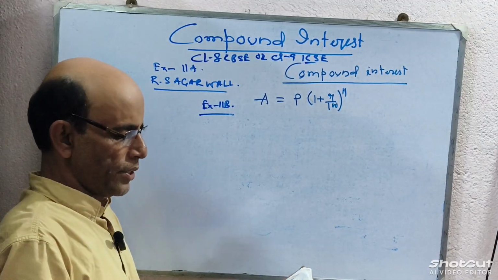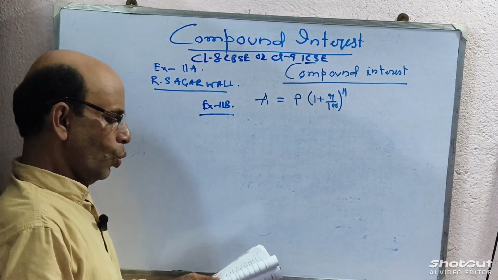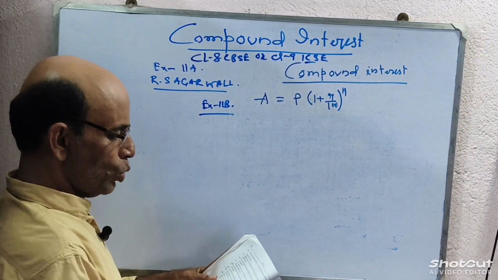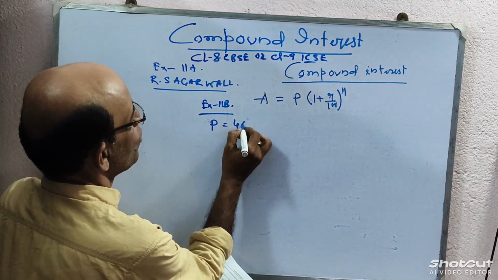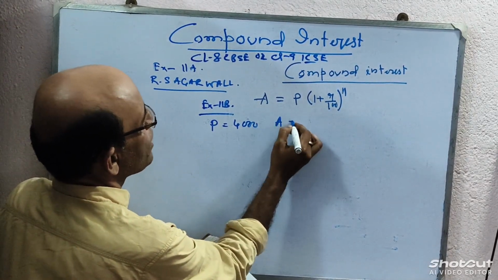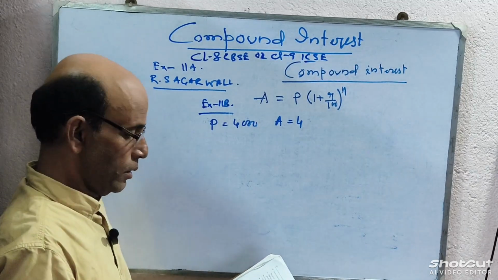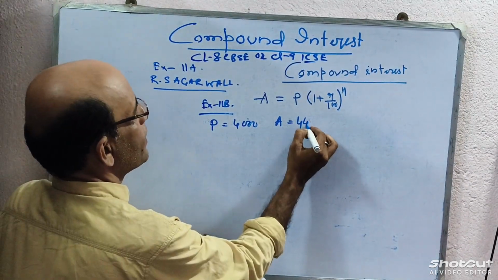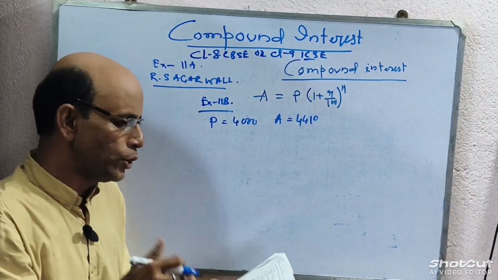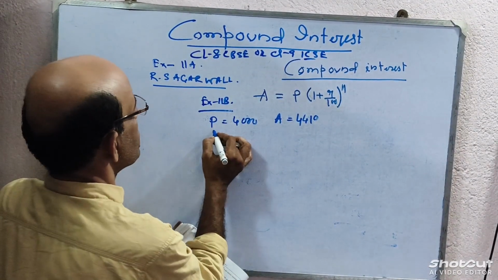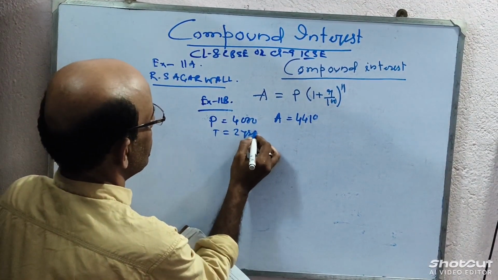At what rate percent will rupees 4,000 amount to rupees 4,410 in 2 years? That means principal is equal to 4,000, amount is equal to 4,410, and time is equal to 2 years.